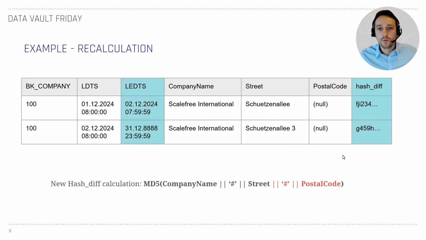The next idea is to reduce the maintenance overhead of the hash diff by following a simple strategy. The first idea is to update only the current records in the satellite. They are indicated by having the end-of-all-times value for the load end date timestamp, which is computed by a virtual window function in the best case. And only those records are required for any comparison during the satellite loading.